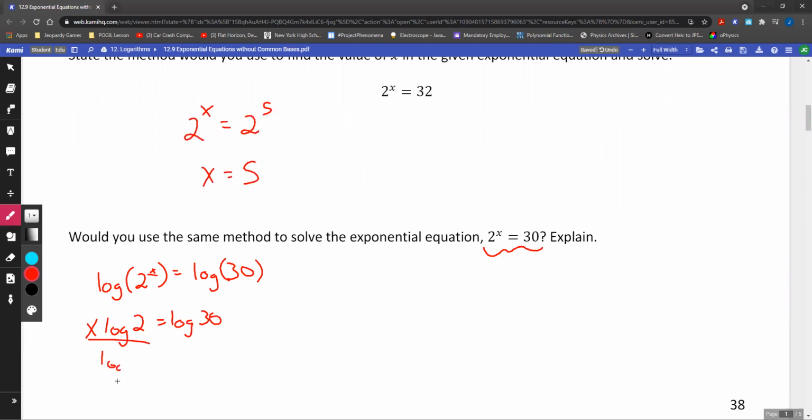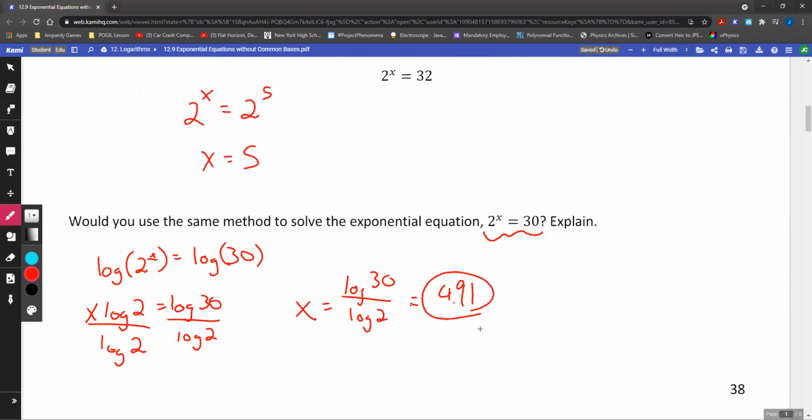Divide both sides by log 2. So I get x equals log 30 over log 2, which when I plug it in the calculator, I get that x equals 4.91. So that's the method that we're going to be doing here.